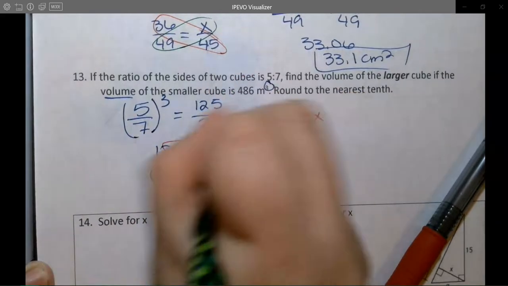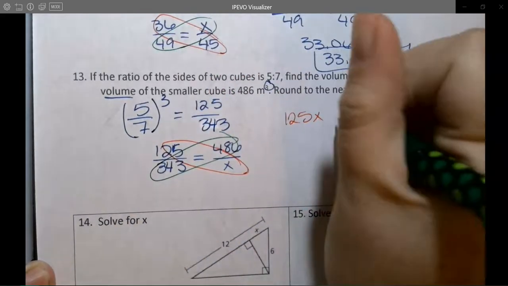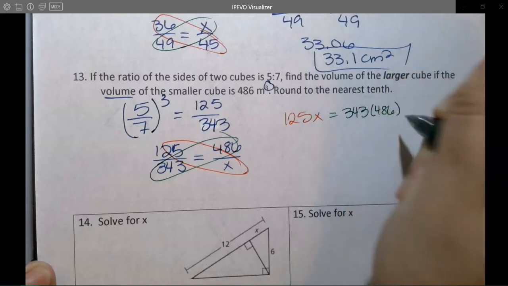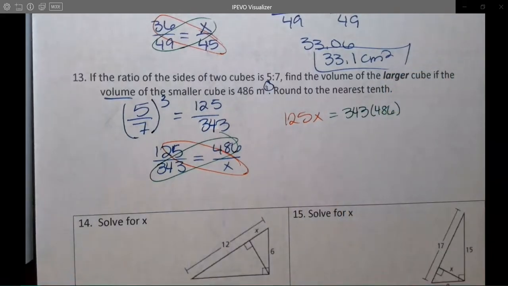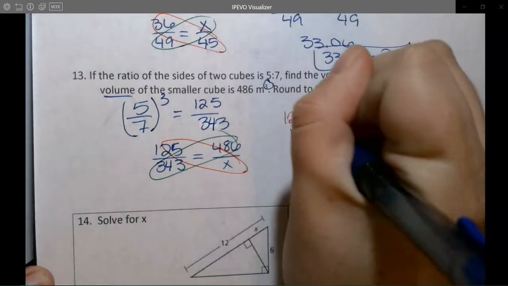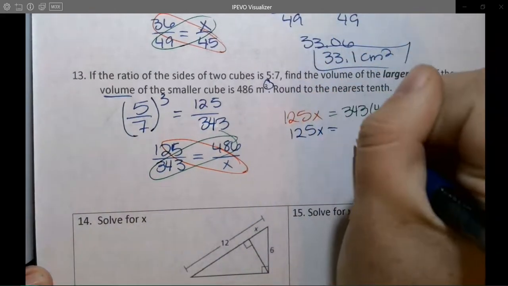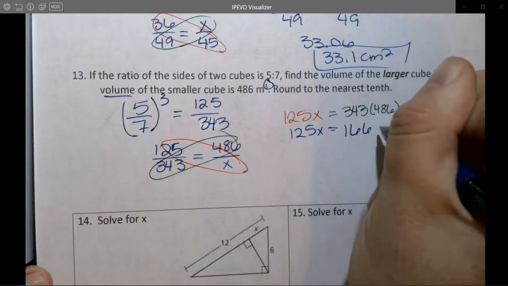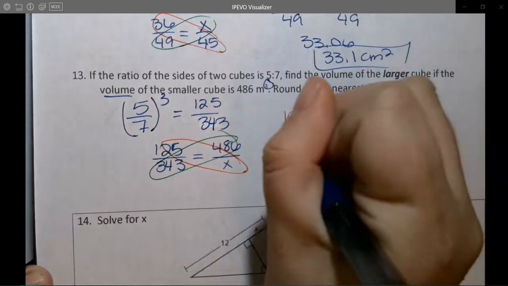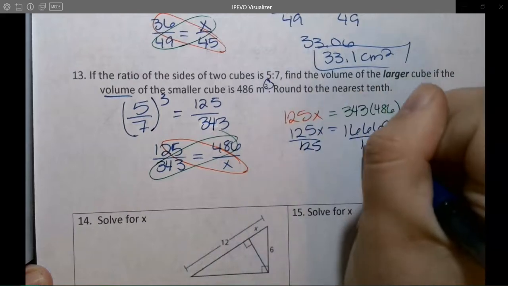And then I'm going to have 343 times 486. On the left side, this stays the same. On the right, I get 166698. Then I want to go ahead and divide both sides by 125.